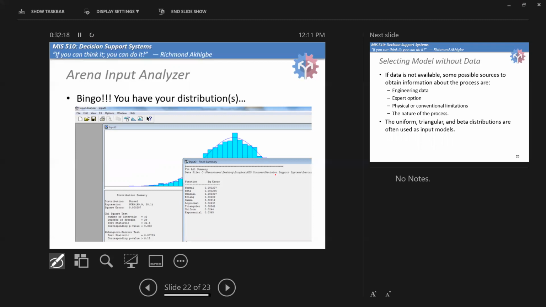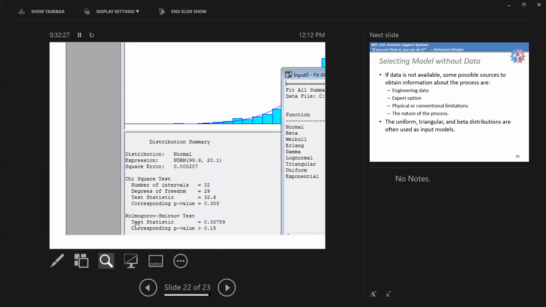Can you read this one? I don't know, it's too small for you. Let me zoom in. So normal has two parameters. What are the two parameters? Somebody mentioned that. This is mu, this is sigma. So you note that down.